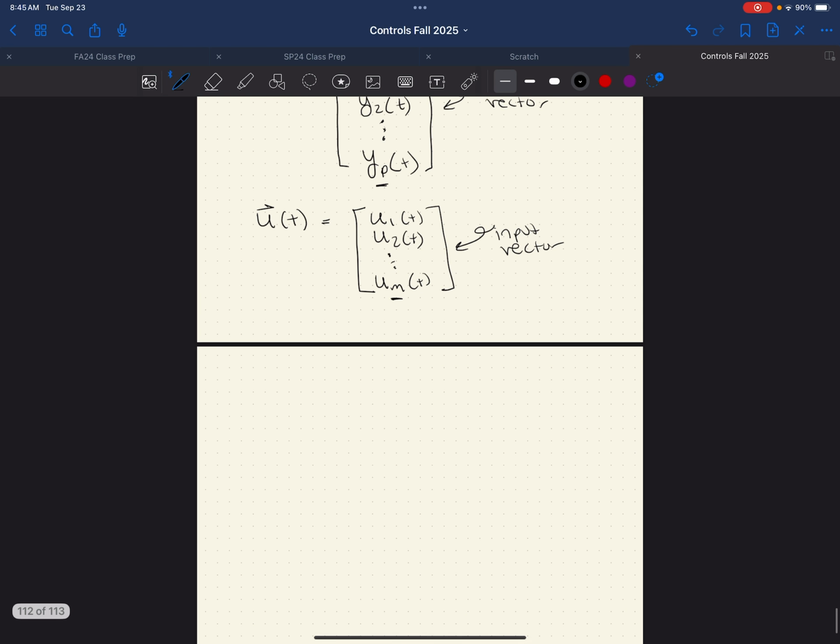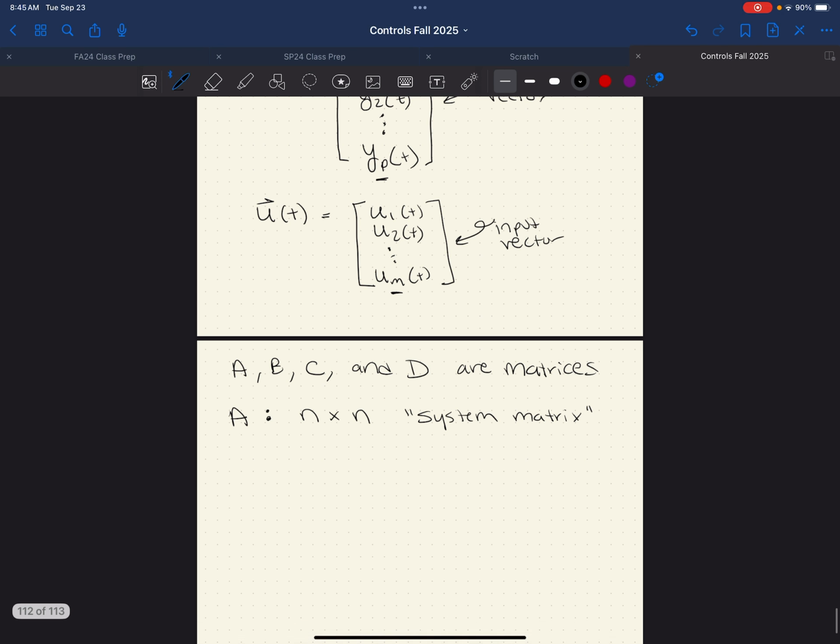Okay. Similarly, we'll define our A, B, C, and D matrices. A is always going to be square. It is an n by n system matrix. B is an n by m input matrix.